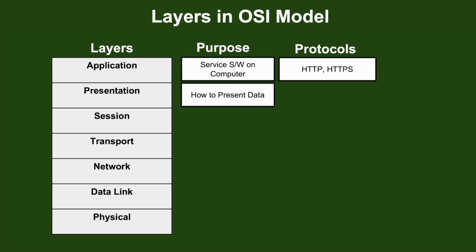Now next comes the presentation layer. Let's say you have a web page with a set of images in it. Then there are certain formats and certain image compression technologies that need to be used. So how do you present the set of data in your application? That is what is decided in the presentation layer.